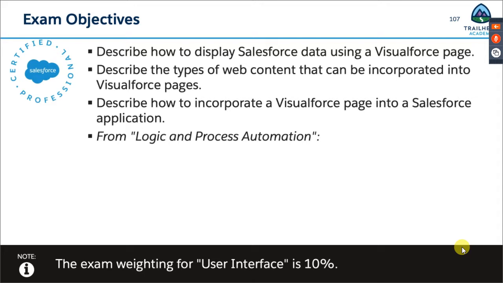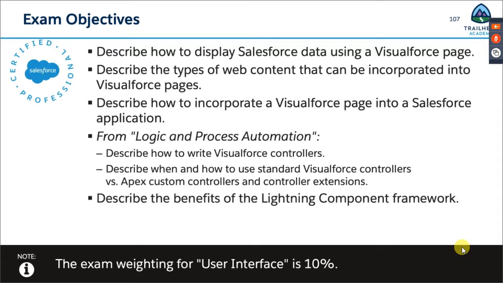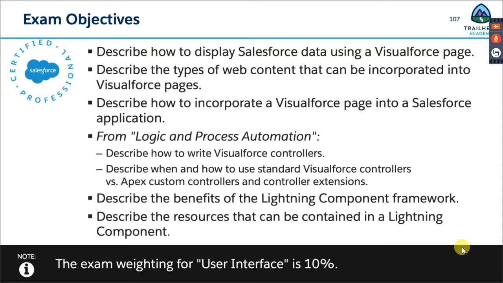And from the logic and process automation section, we're going to include topics such as how to write Visualforce controllers, when and how to use standard Visualforce controllers versus Apex custom controllers and controller extensions, the benefits of the Lightning component framework, and the resources that can be contained in a Lightning component. This unit, user interface, is 10% of the exam.